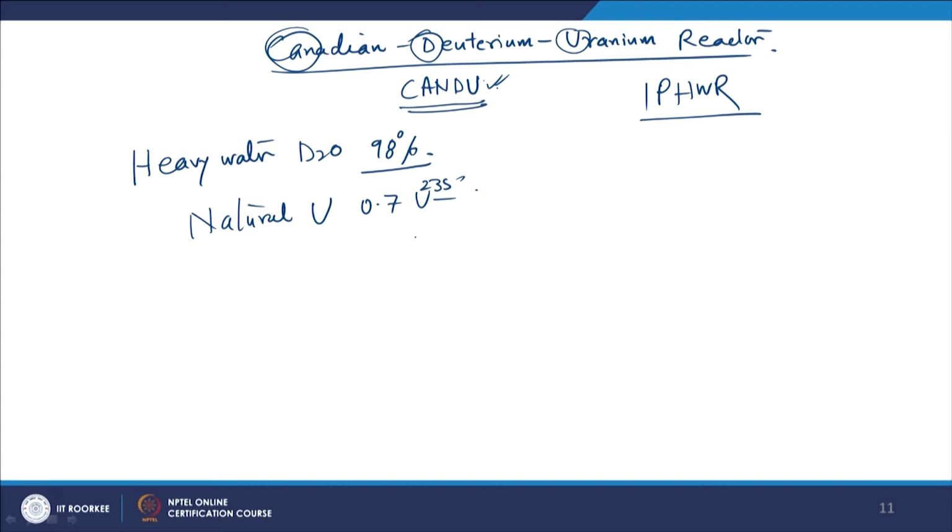So, this type of reactor is useful for countries which do not produce enriched uranium. Enriching uranium artificially is a costly exercise. So, those countries which do not have the facility to enrich uranium, this type of reactor is suitable for them.